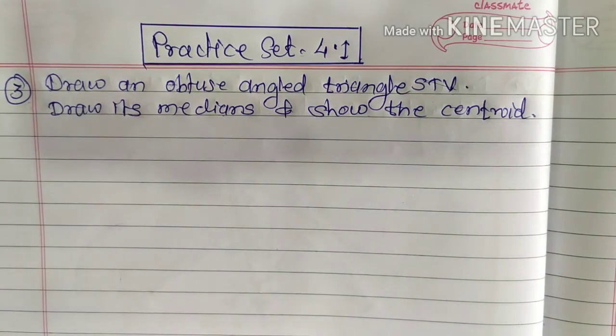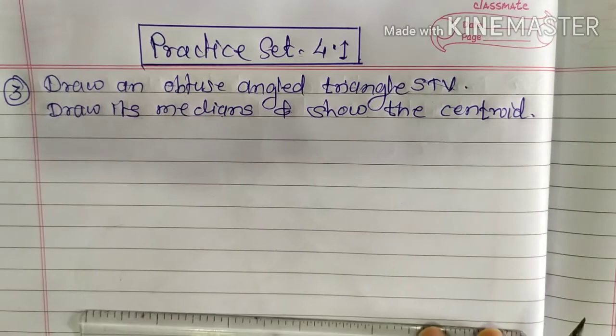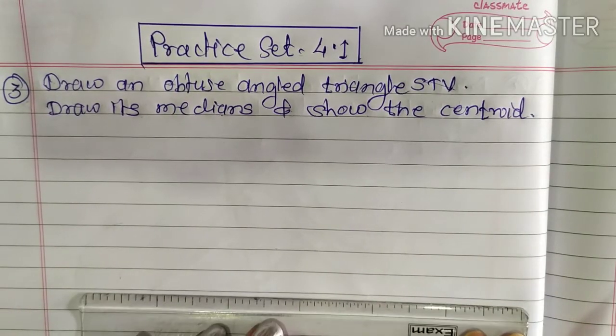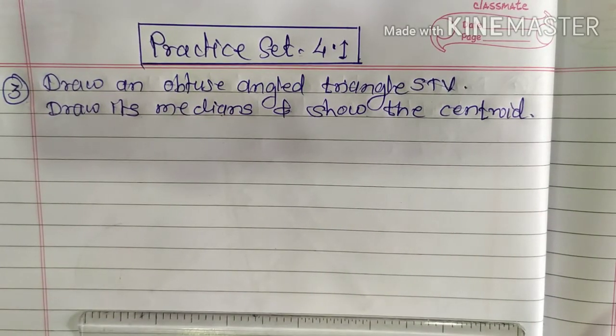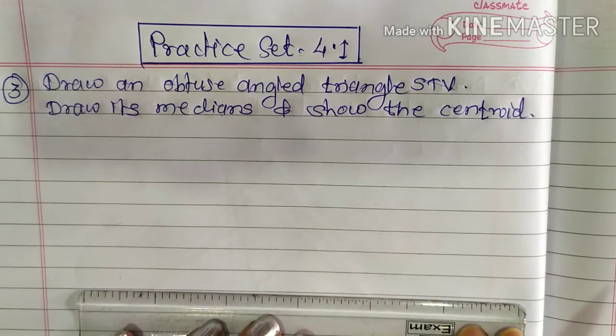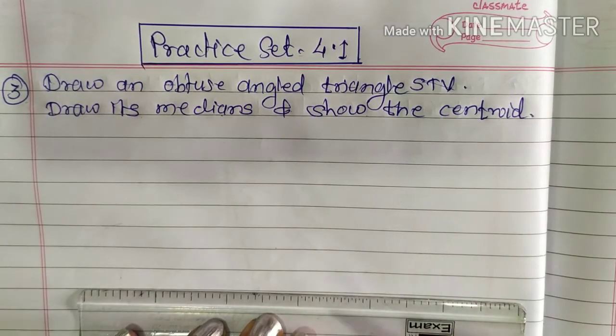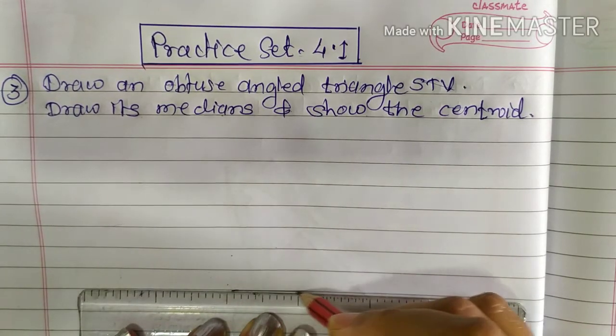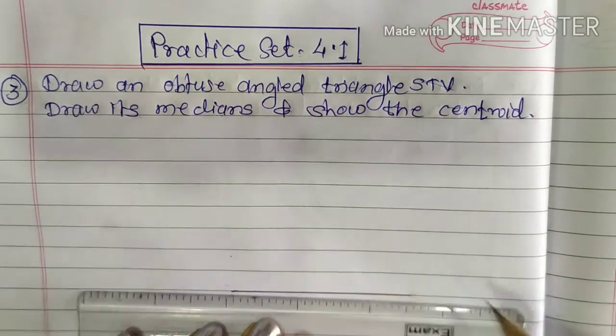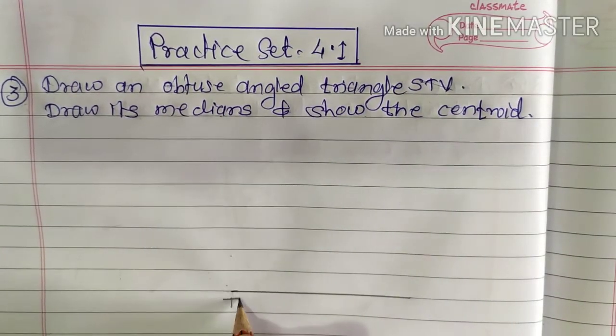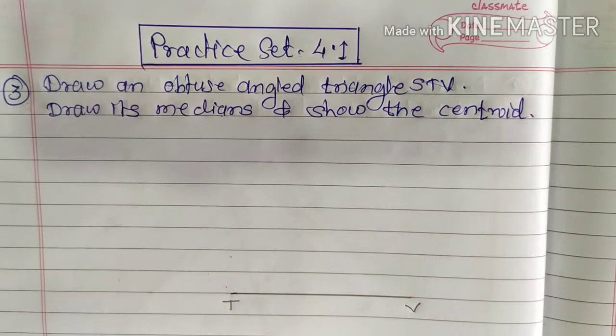Let us first draw the obtuse angle triangle. Here no measurements are given to us. Hence we first draw the segment TV.